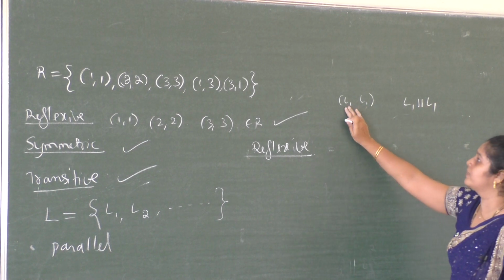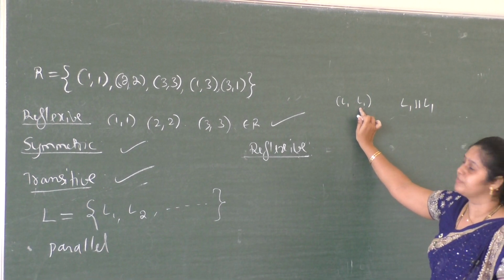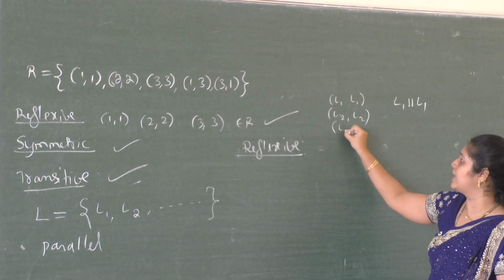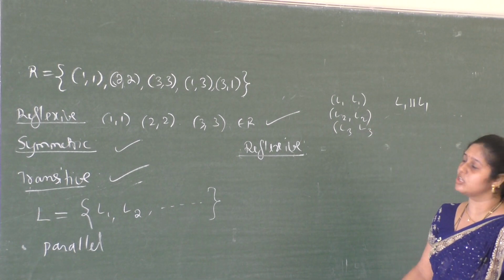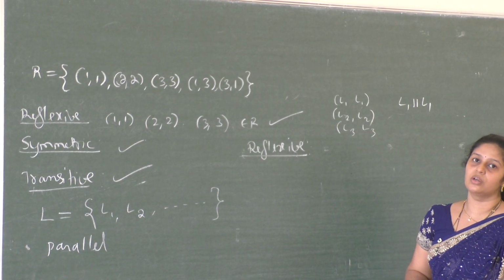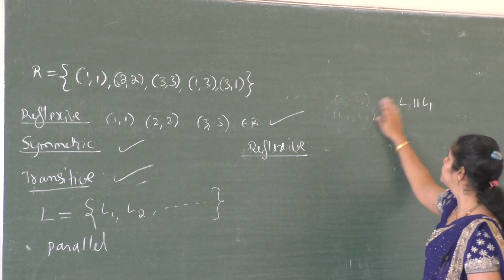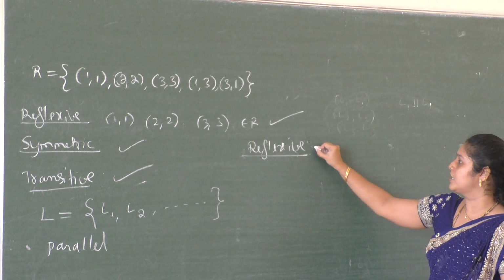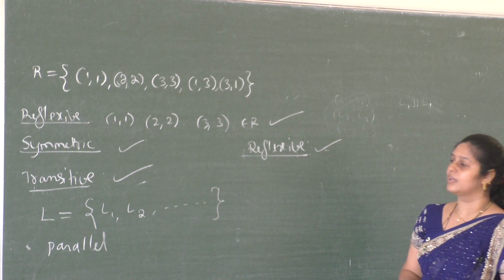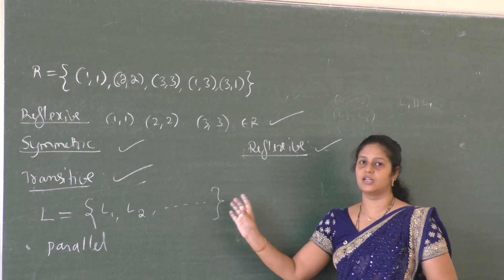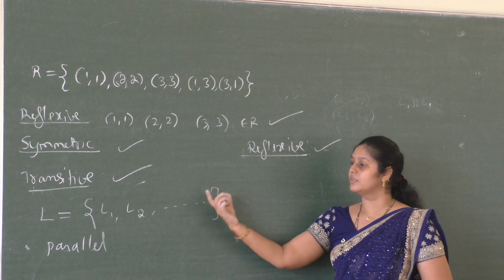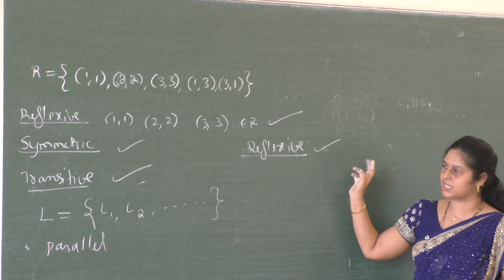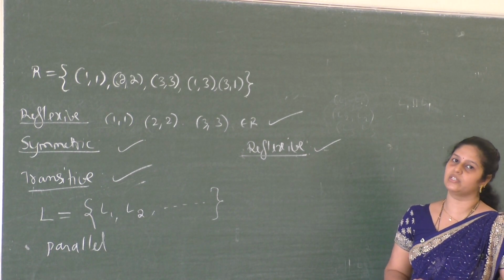Therefore, (L1, L1) belongs to R. Similarly, (L2, L2) belongs to R. In the same way, (L3, L3) belongs to R because each line is parallel to itself. Therefore, this relation is reflexive, because any line you consider is parallel to itself.